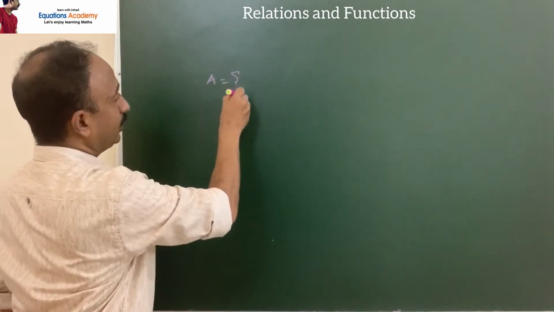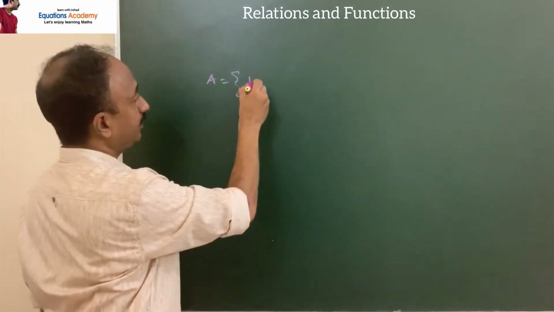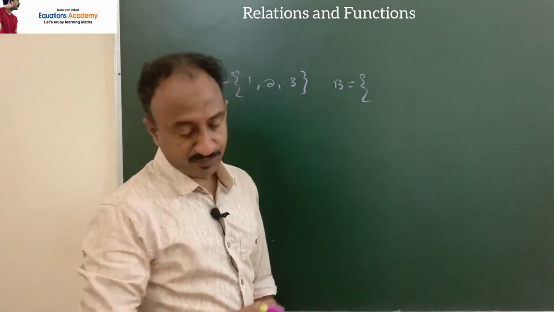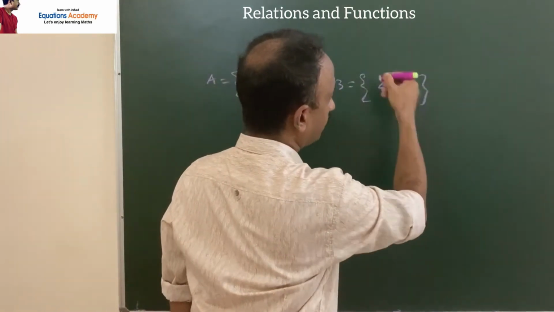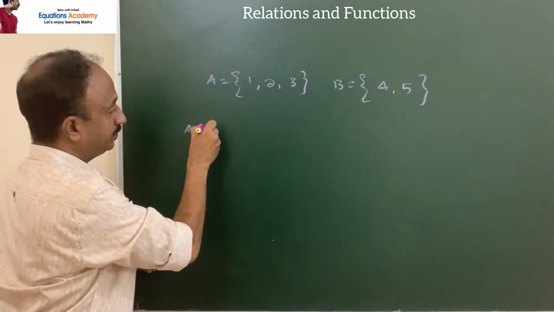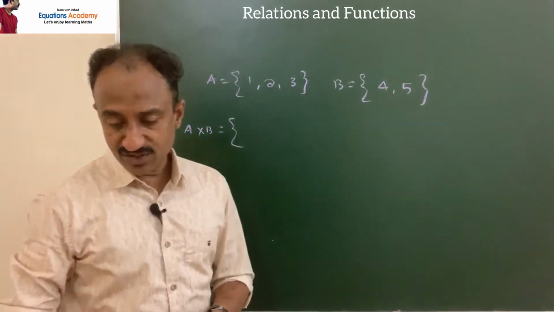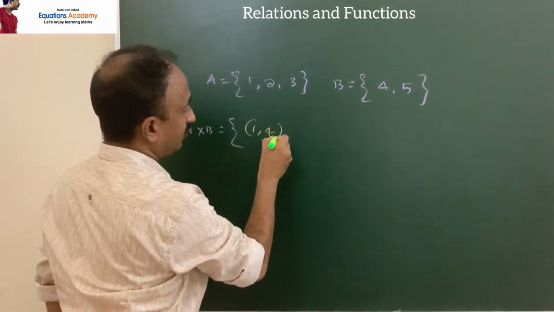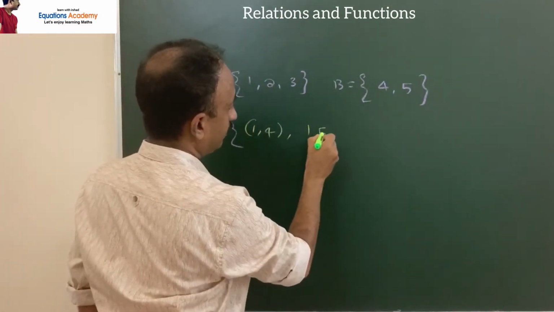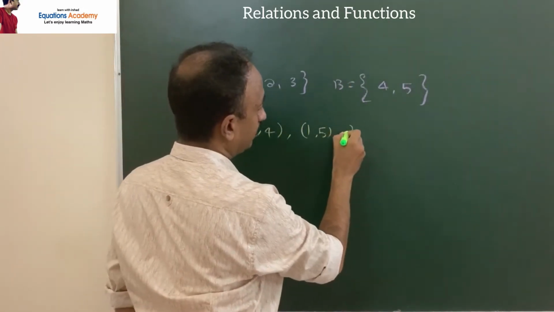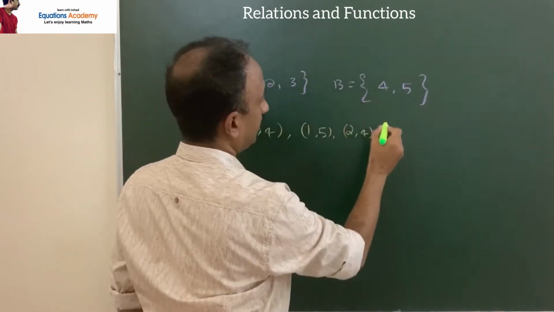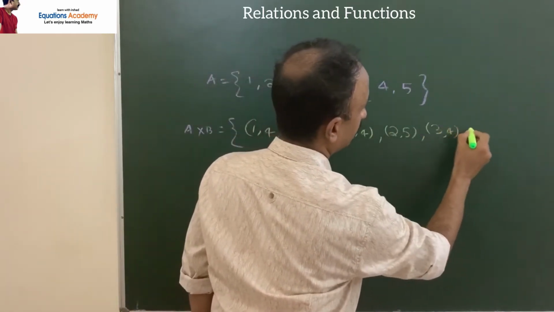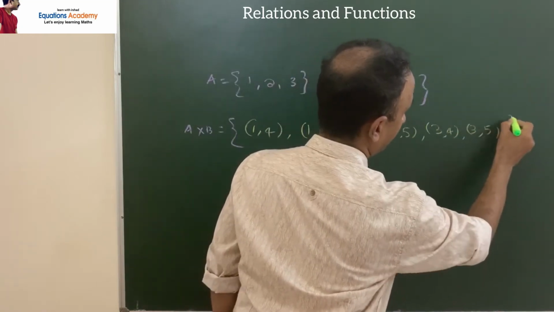If A equal to set {1, 2, 3} and B equal to set {4, 5}, A cross B is equal to (1, 4), then (1, 5), then (2, 4), then (2, 5), (3, 4), (3, 5).